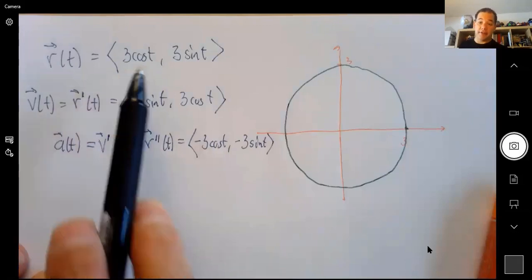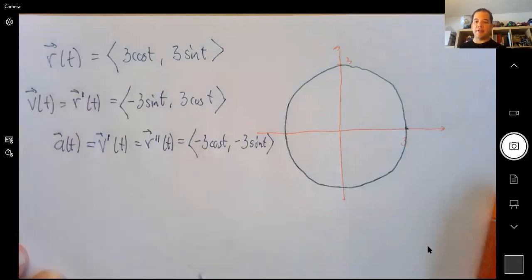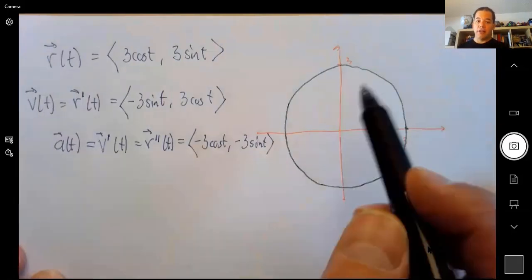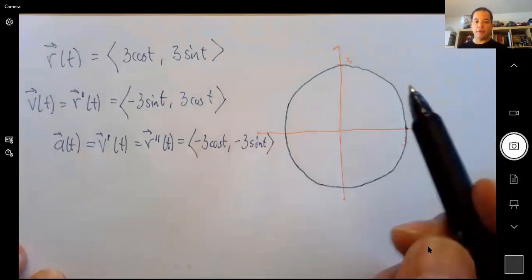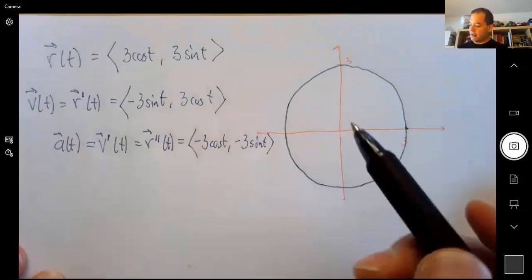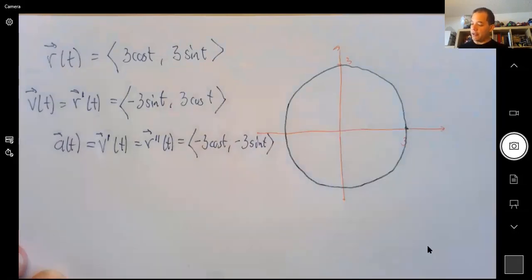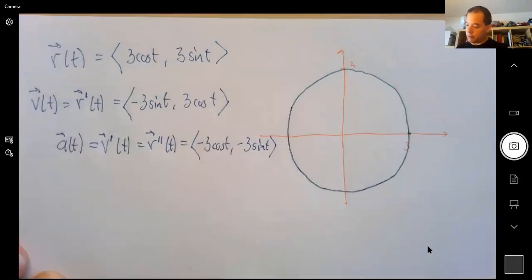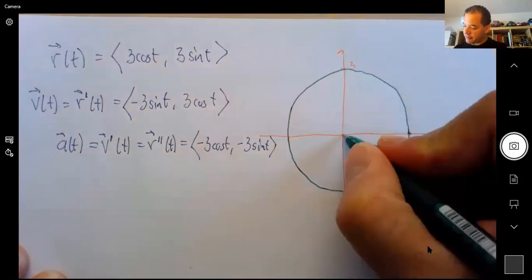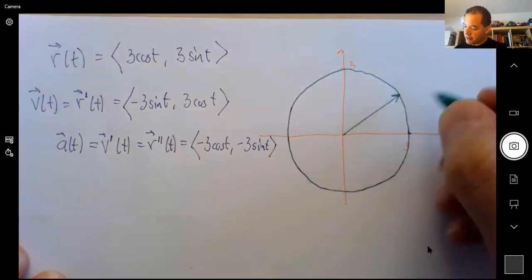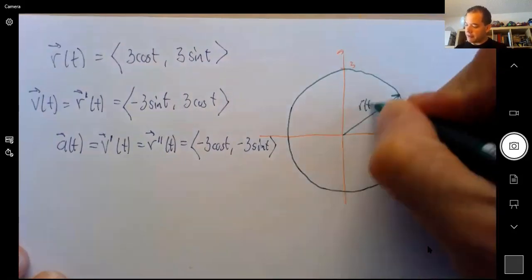It's not an accident. This is something that has to do with the fact that this motion happens on a circle. Later on, we'll see that it also happens on a sphere. But here's the thing. So if we wanted to draw it, then the original function will be this one, right? So for an arbitrary t, this would be r of t, the vector r of t.